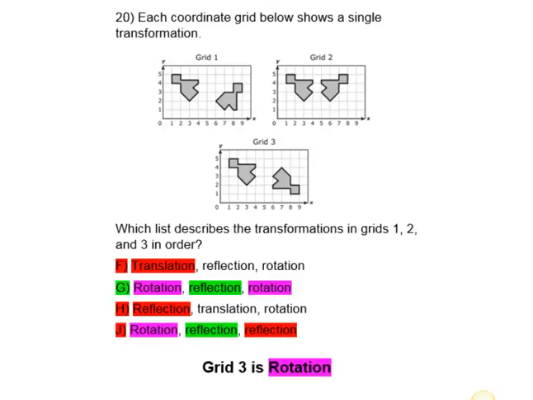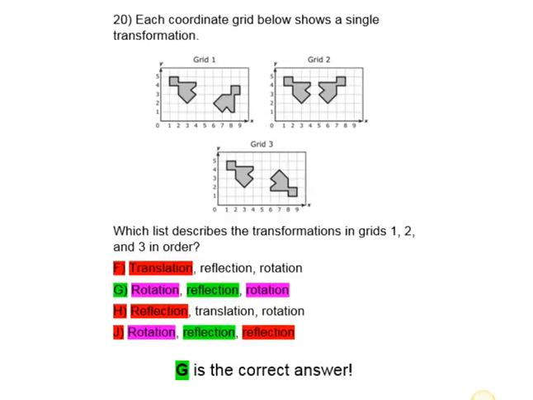If you said that we can cross out J, you are correct, because J has grid 3 as a reflection, and we know that is incorrect. Based on that information, we can see that G is the correct answer. So for the list that describes the transformations in grids 1, 2, and 3 in order, our answer choice is G, because we know that grid 1 is rotation, grid 2 is reflection, and grid 3 is rotation.